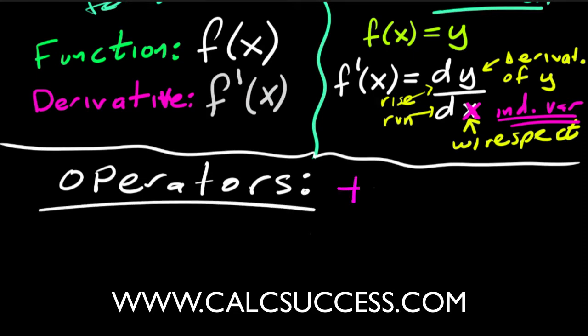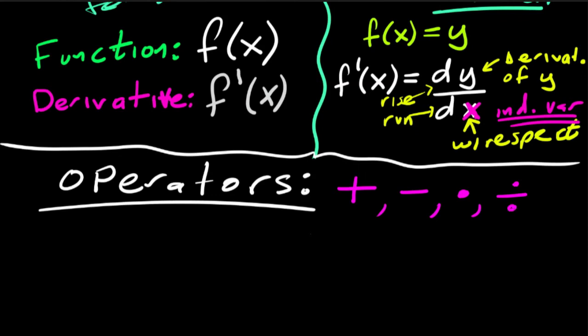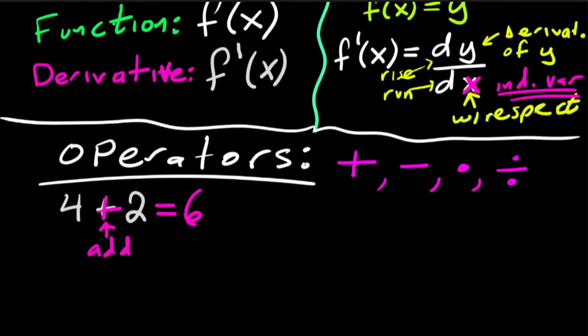We know the plus sign is an operator, minus sign, times, divide. These are all operators because, for example, if you have 4 plus 2, this operator right here is telling you, hey buddy, add these two numbers for me right now. And you would say, okay, that equals 6. In the same way, you have the derivative operator.